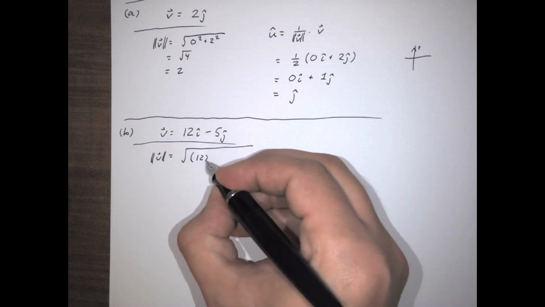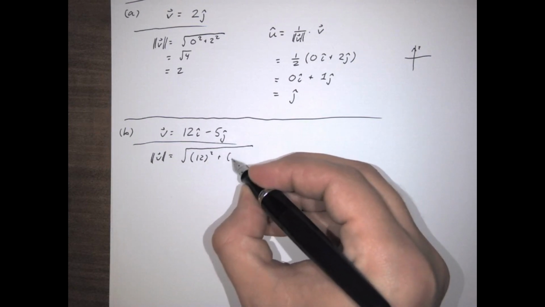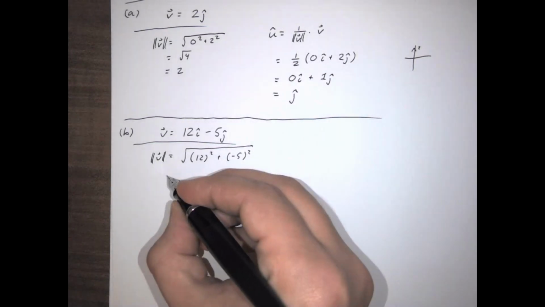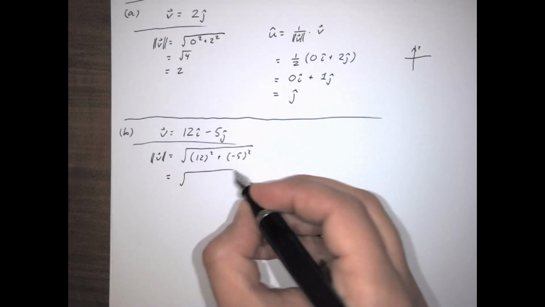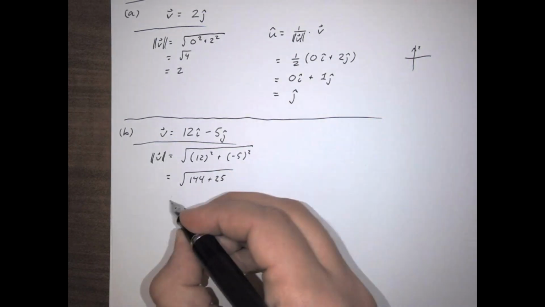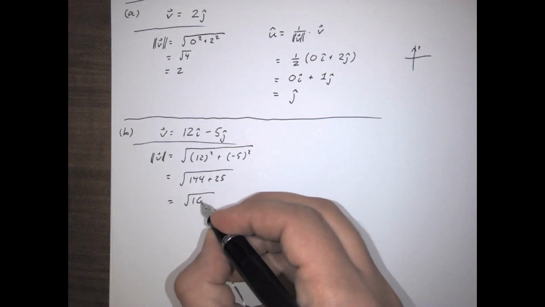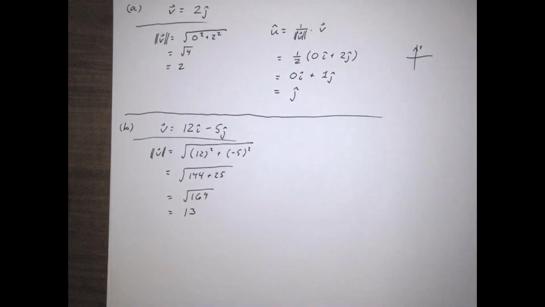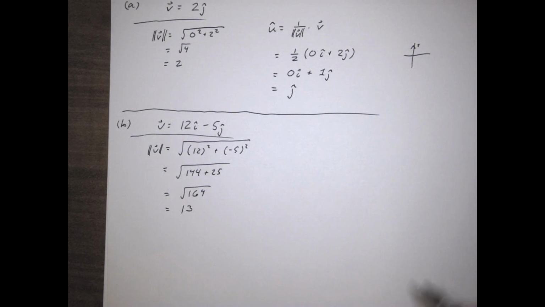But we don't have to recognize it, we can just calculate it. It's going to be the square root of 144 plus 25, which is the square root of 169, which, as I already mentioned, happens to be a perfect square. So this equals 13.